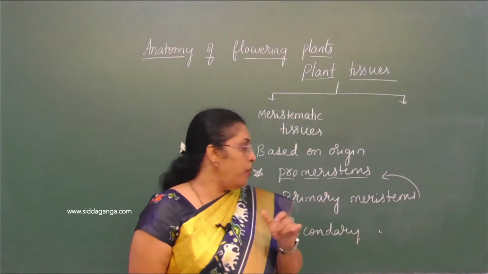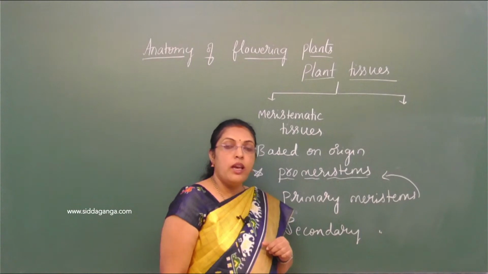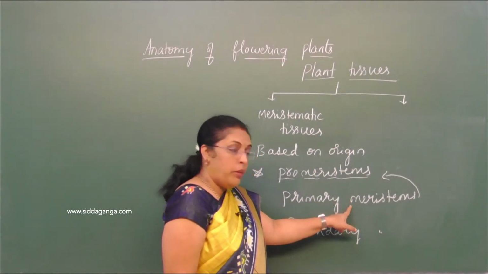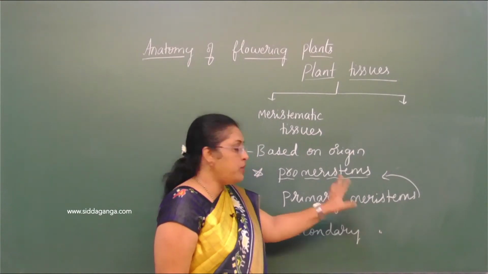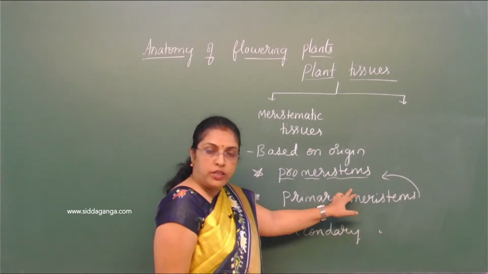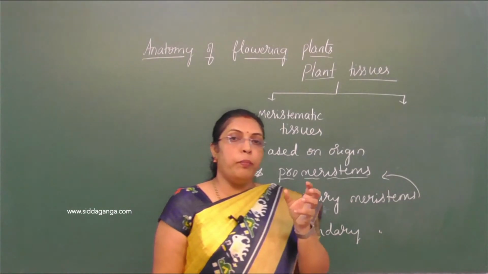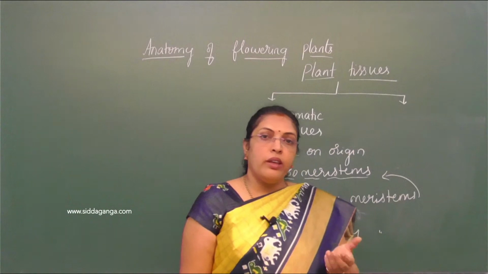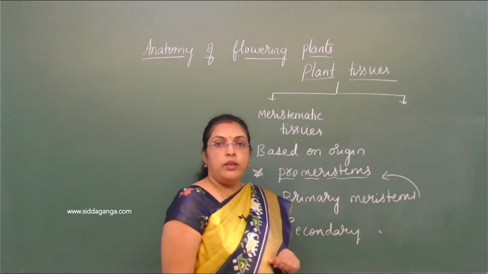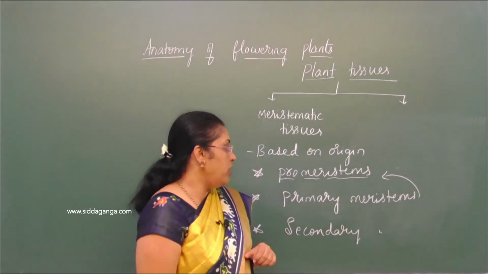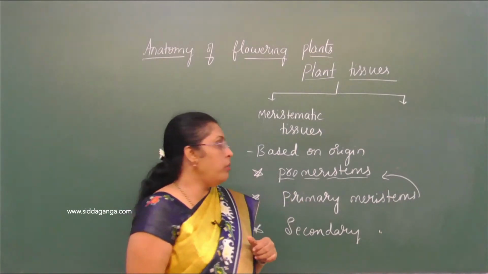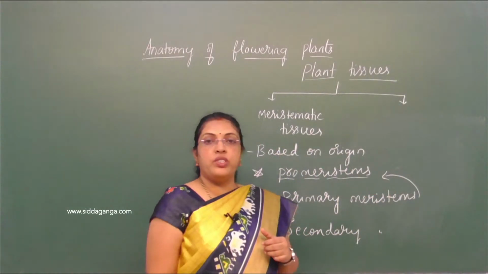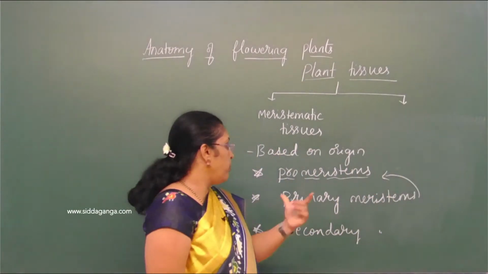An example of a primary meristem is the apical meristem. Apical meristems are the meristems present at the tip of the stem and root.